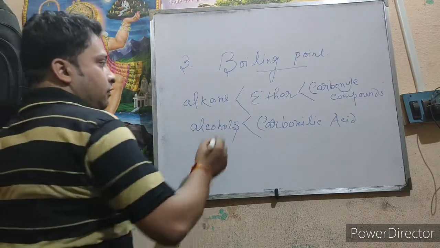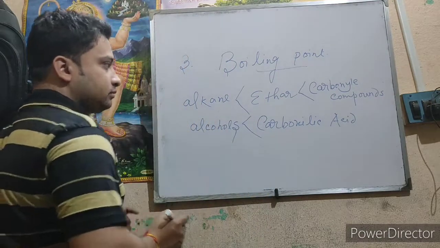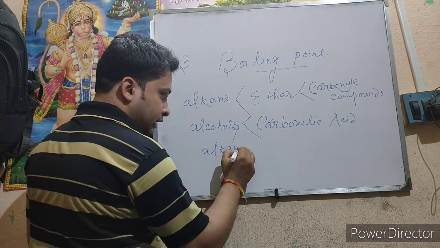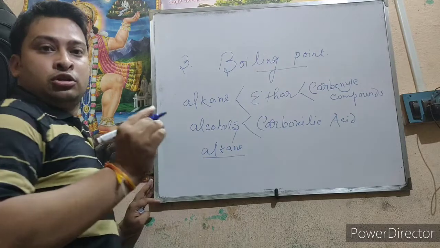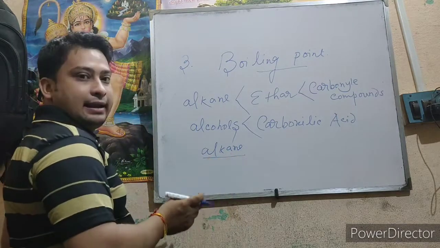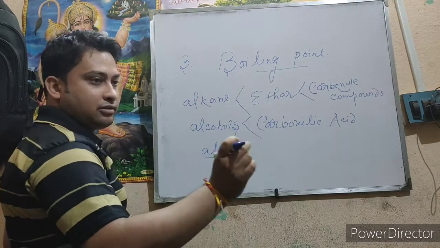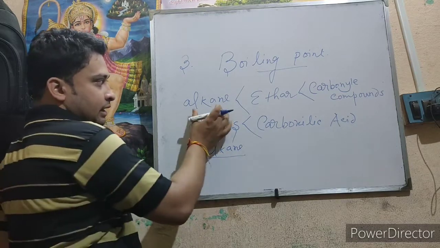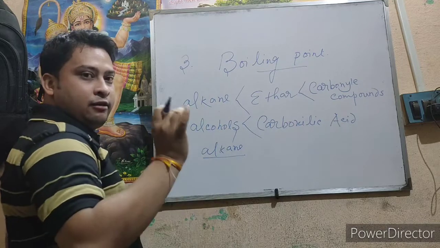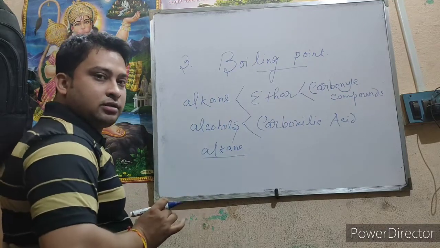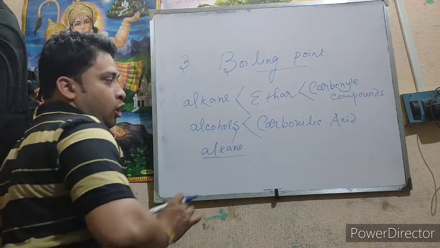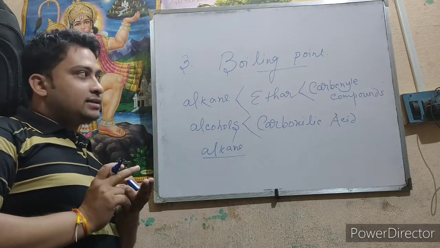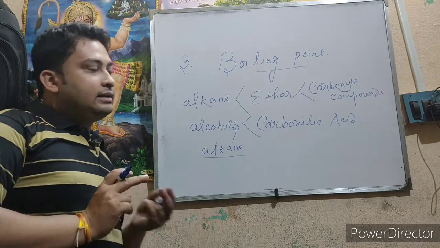Why? From alkane to ether. Alkane shows only weak van der Waals force of attraction. On ether, van der Waals force of attraction occurs as well as dipole moment.